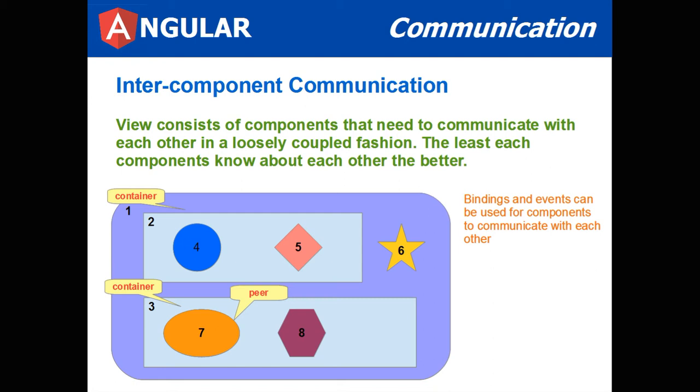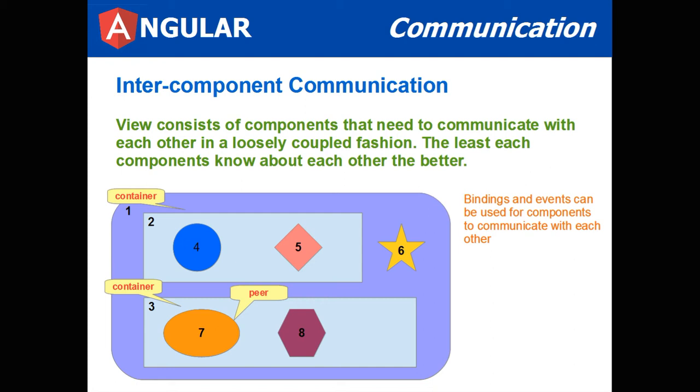So when you look at a root application, let's say component number 1, it can be viewed as a parent container of, let's say, component number 2. Component number 2 could have a child, 4, and component 2 can be viewed as a container for component number 4.